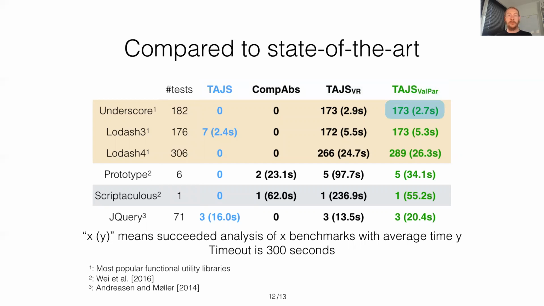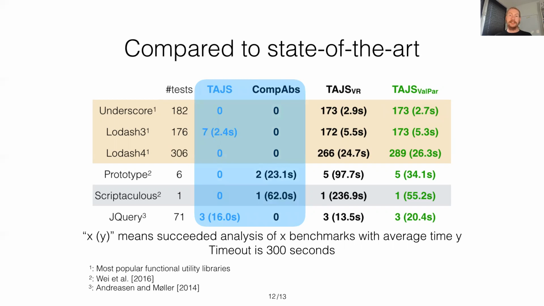The results should be read as the number of benchmarks successfully analyzed, and in parentheses is the average analysis time for the successful benchmarks. For example, TIES-valpar succeeded analysis for 173 underscore benchmarks with an average analysis time of 2.7 seconds. The analysis for a benchmark is successful if the analysis terminates within 300 seconds with a sound result.